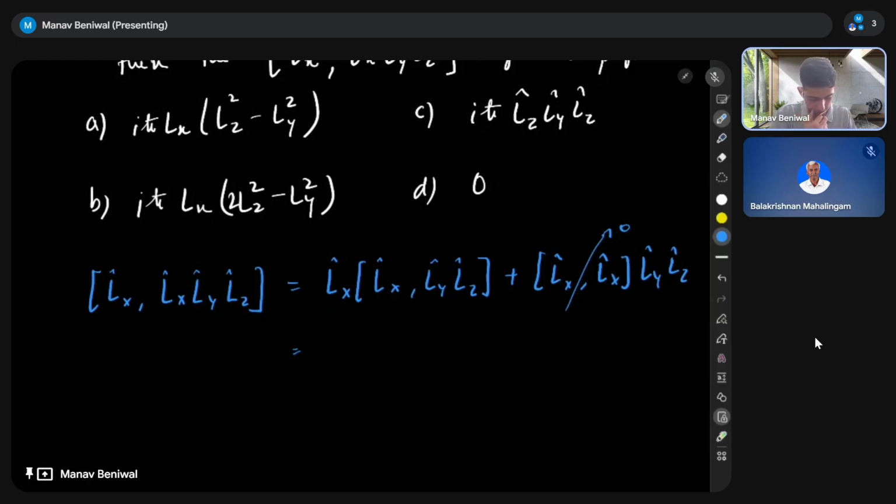And then again using the product rule, we can write this as Lx comma Ly, times Lz, plus Lx Ly times Lx comma Lz.